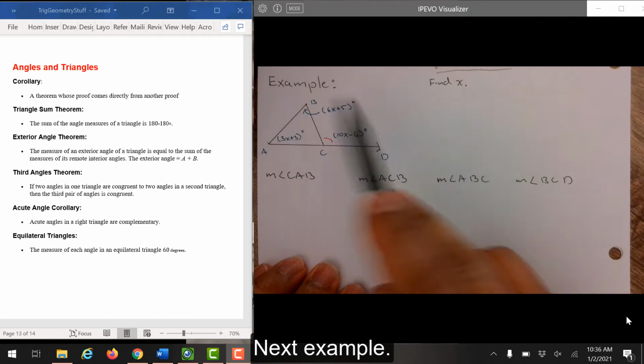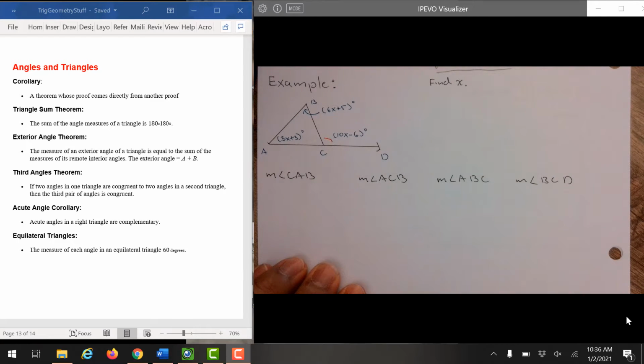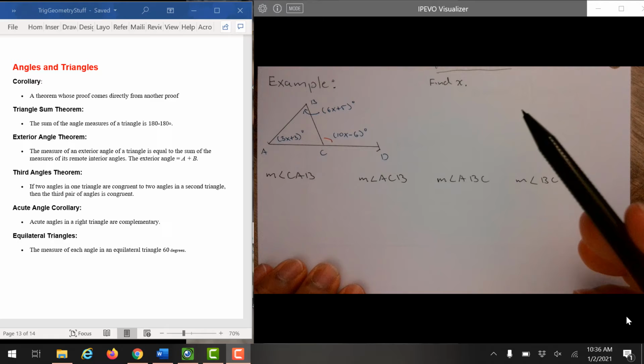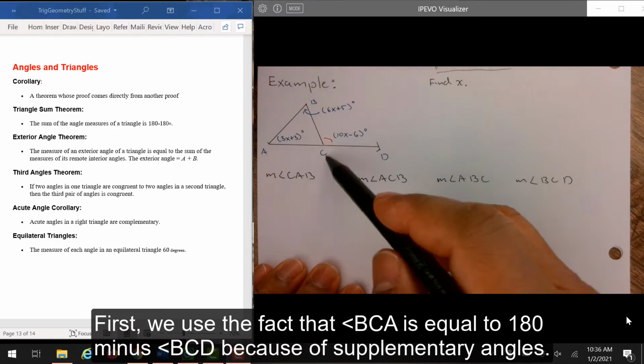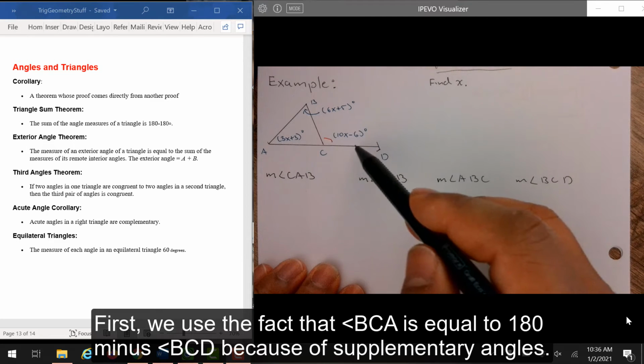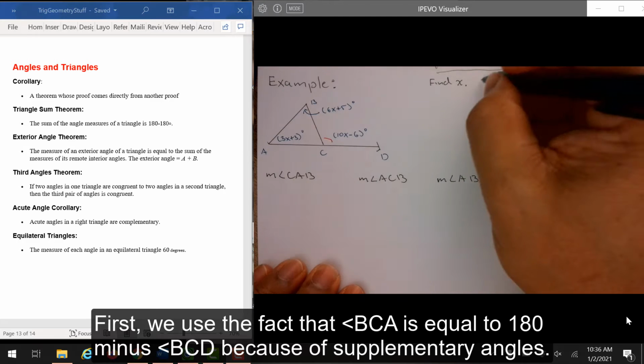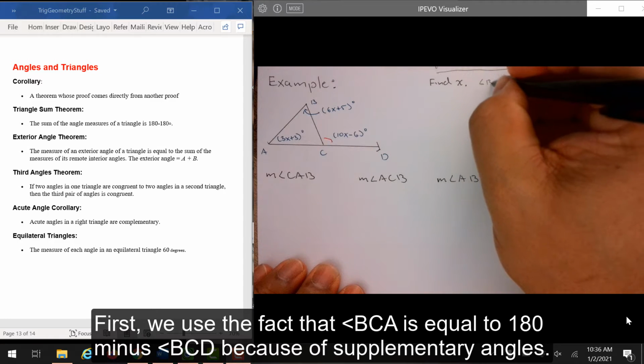Next example. First, we use the fact that angle BCA is equal to 180 minus angle BCD because of supplementary angles.